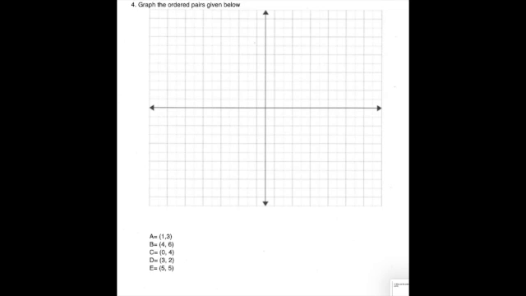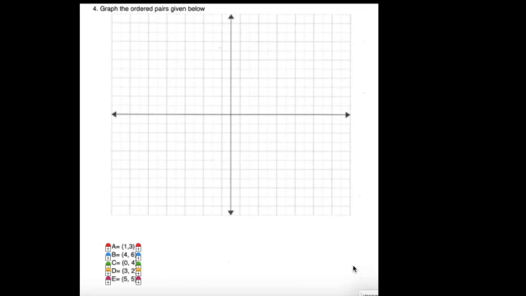So you are going to graph those ordered pairs on the coordinate plane that was given to you. To make things easier, I went ahead and color coded my points. And we're going to go ahead and put these ordered pairs on the coordinate plane.